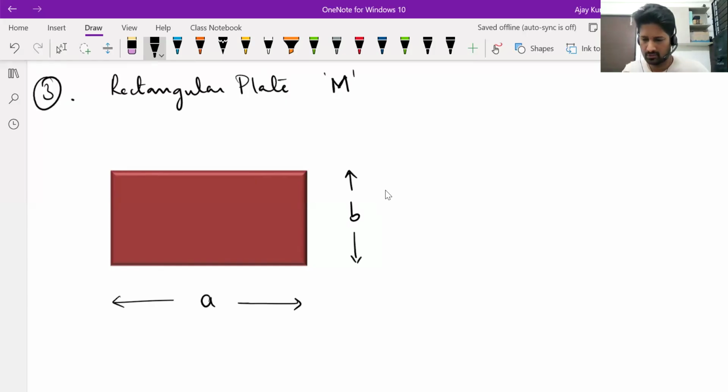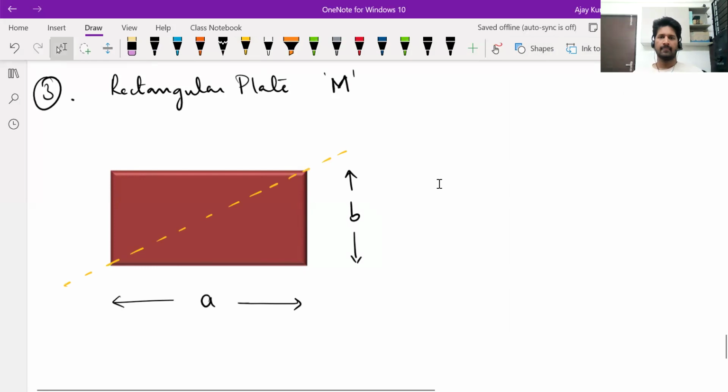Okay, and what do I want? I mean, about which axis should you calculate? Diagonal. Derive its moment of inertia about the diagonal. Try this.